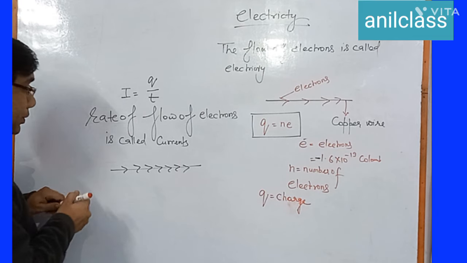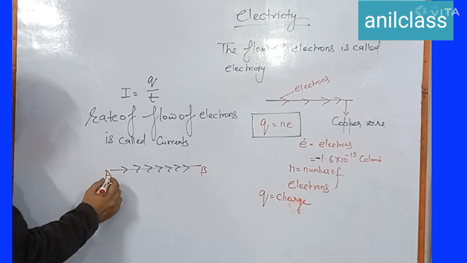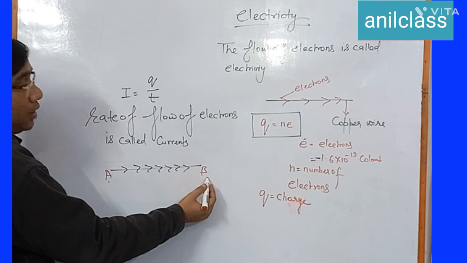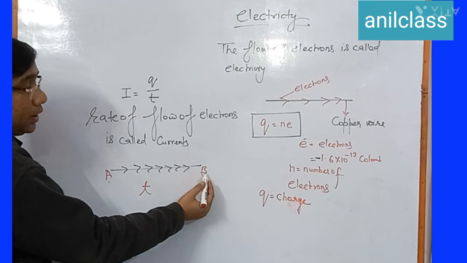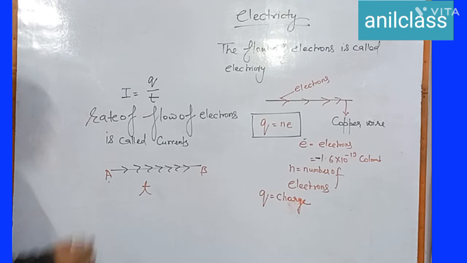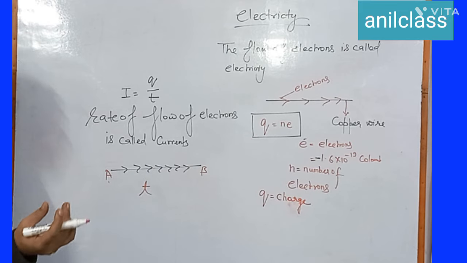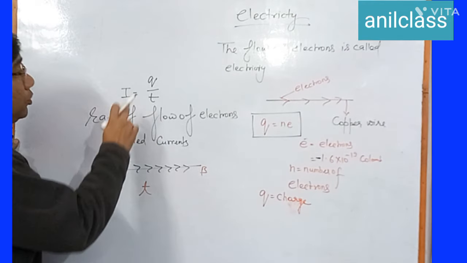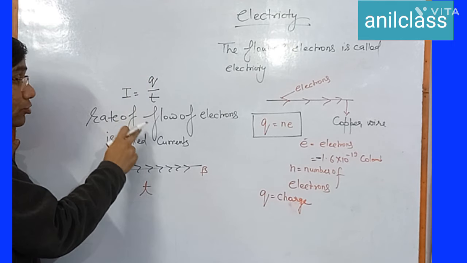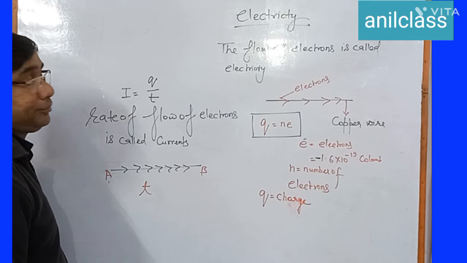If an electron flows from point A and after some time t reaches point B, it takes some time to travel between A and B. So the rate of flow of charge is called I, current.